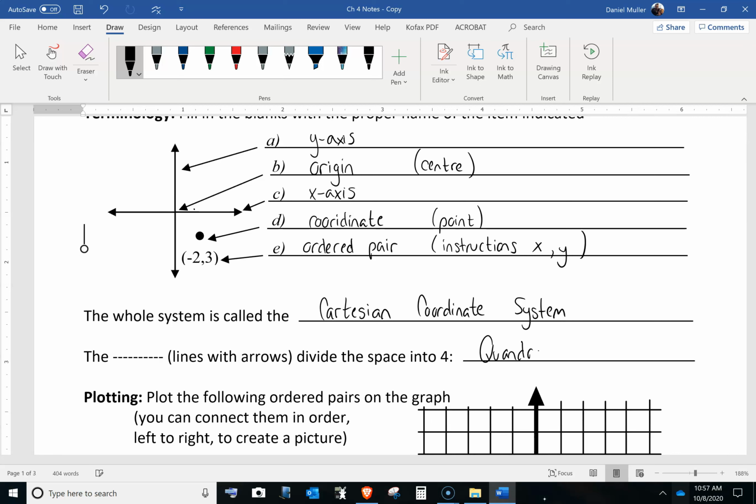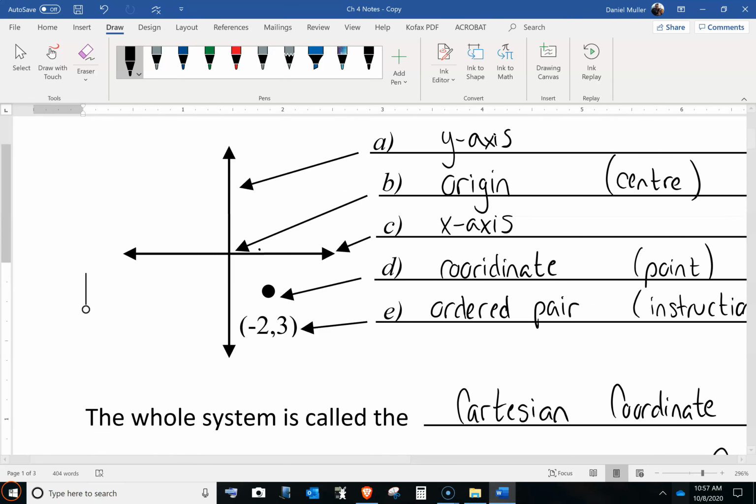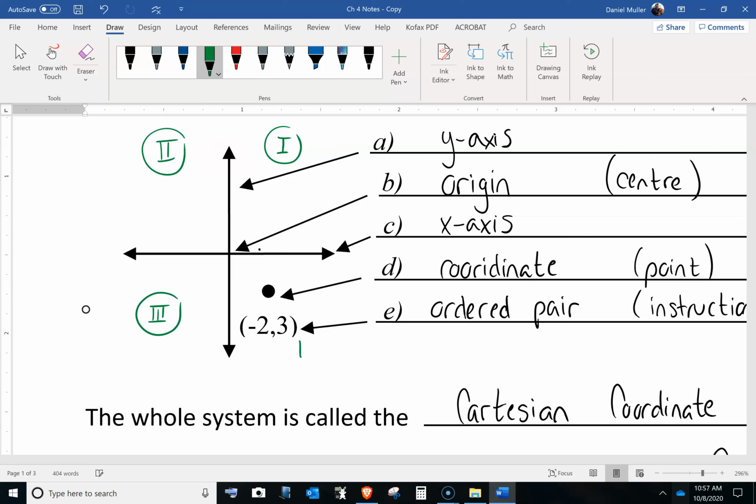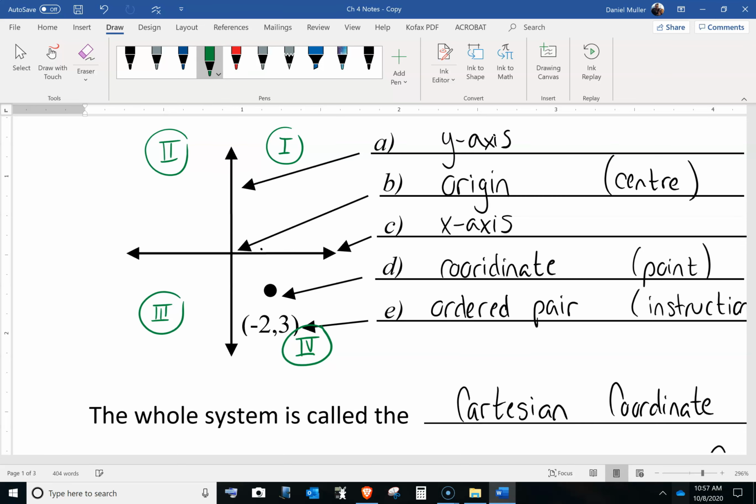They're not dotted lines; they're solid lines with the arrows. So there's 4 quadrants, and we label them: Roman numeral 1, and then 2, and then 3, and then 4. Those are the 4 quadrants.